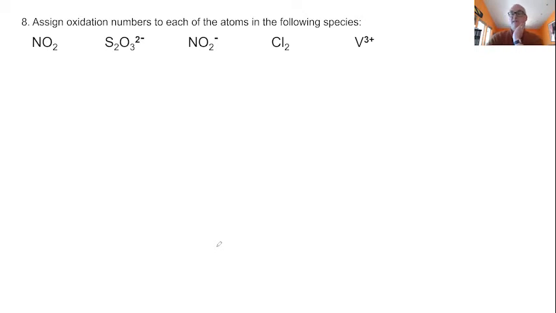Chlorine is bound to itself, so it can't take electrons from itself, so it would be 0. Now what about vanadium +3? +3. Yeah, just +3. And let's just look quickly at the nitrate ion.